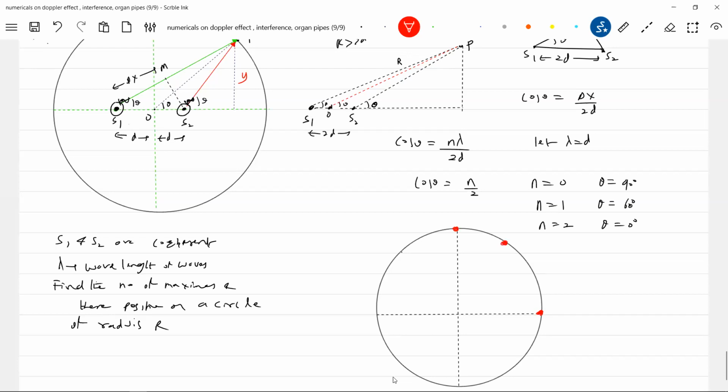Next maxima will be here. Similarly, due to symmetry. So tell me, if I go around in a circle, how many maximas am I going to measure?